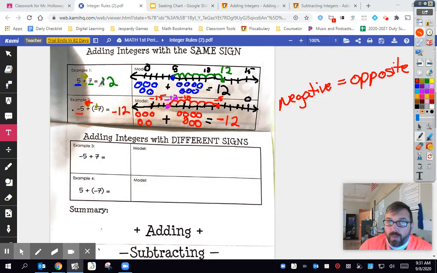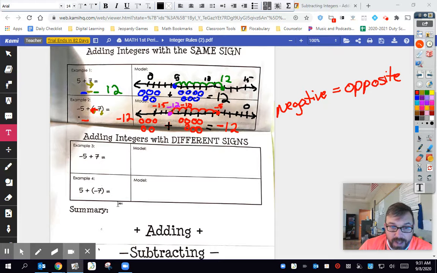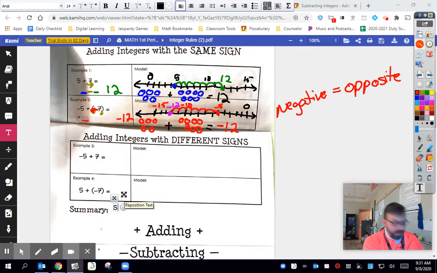Okay, so what did we notice? Let's talk about just the number 12. 5 plus 7 gave us 12 in both cases. When the signs are the same, and we'll add some text down here at the summary because we have a part of a rule now.